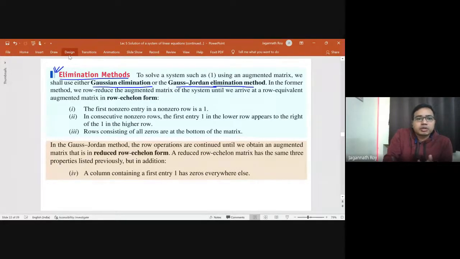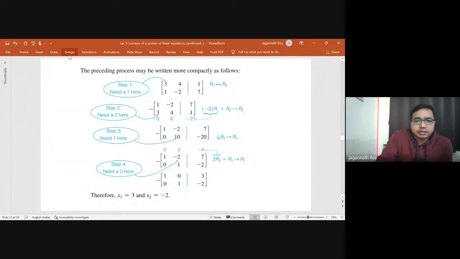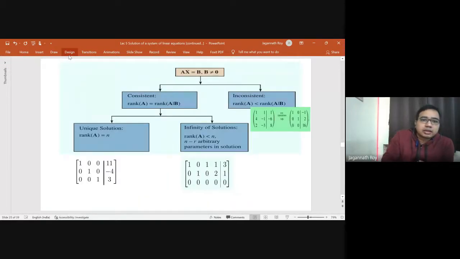That means you try to find the row equivalent REF, or the RREF. Either one of them, and then you can see the procedure. This is how we do it. Let us just conclude.